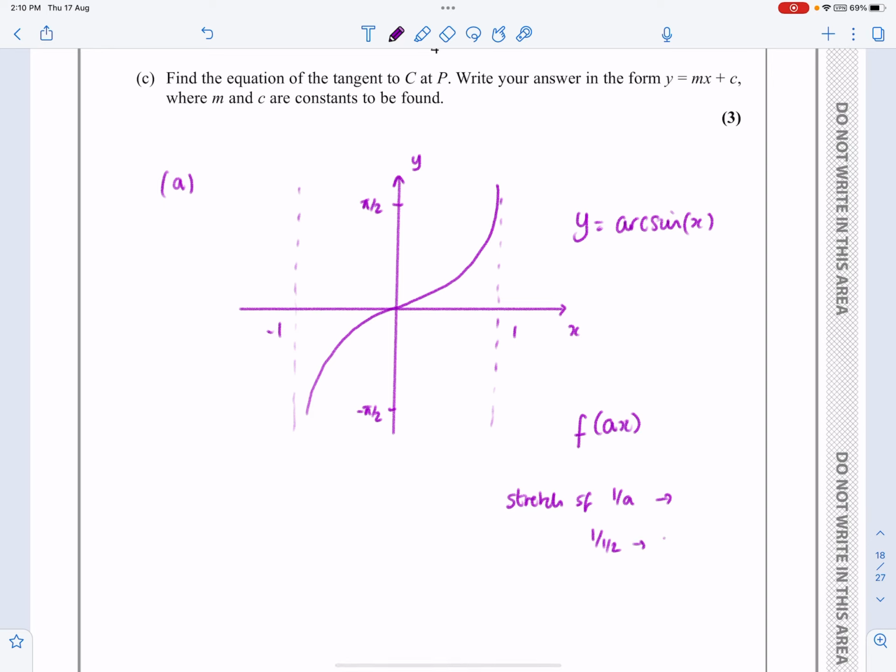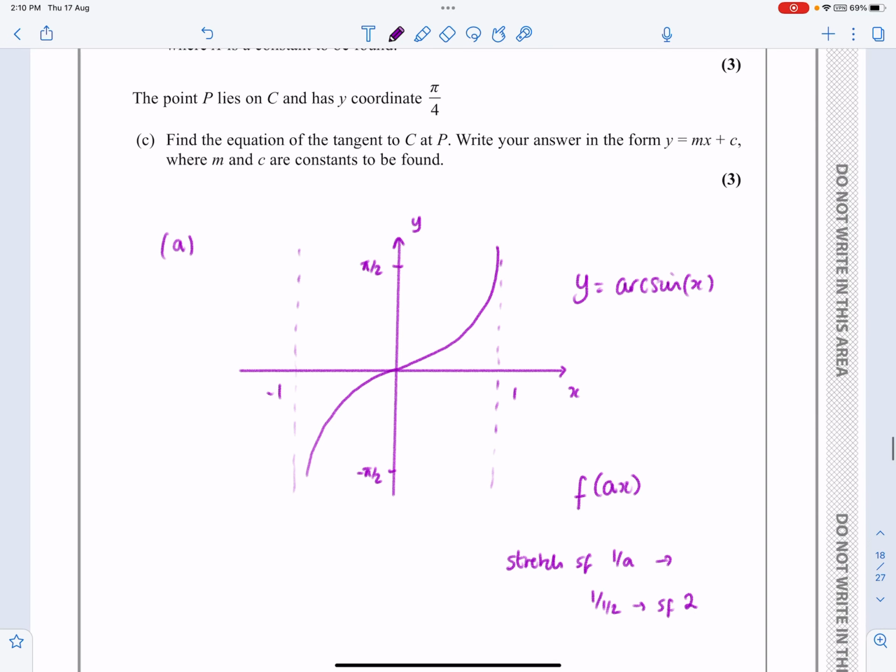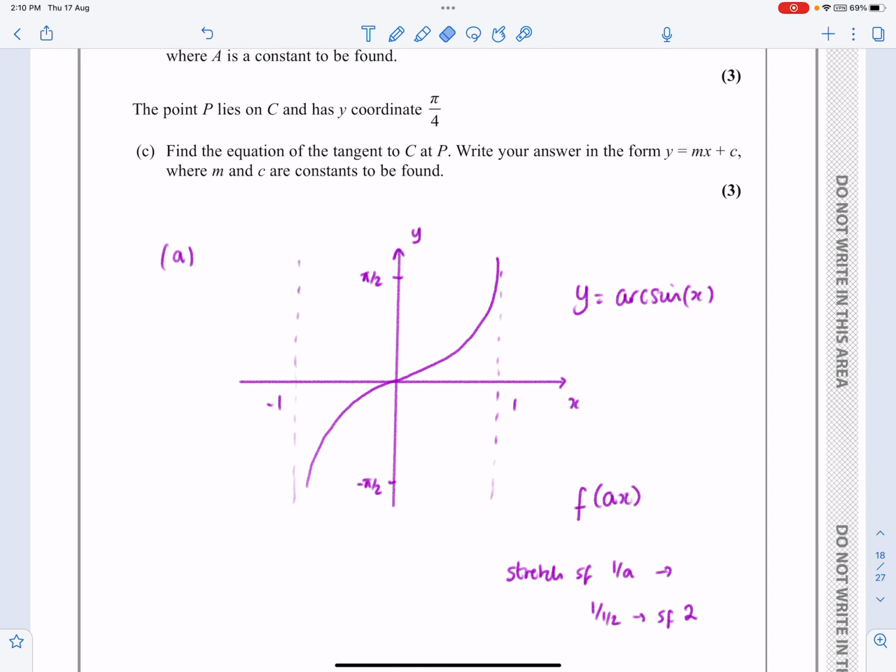So it's actually going to be scale factor 2. What that means is that basically all that's going to happen is that these two limits are going to be 2 and -2. In effect, it's been stretched in that direction, but if I leave that as my answer, the examiner doesn't know that I didn't do all the work necessary for that. So only one mark, don't worry too much about part A, but do go away and learn the sketches of the inverse trig functions.